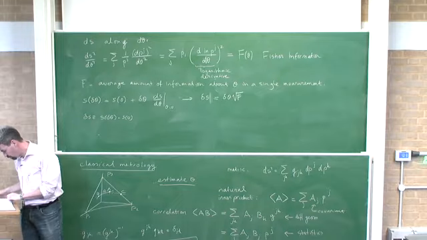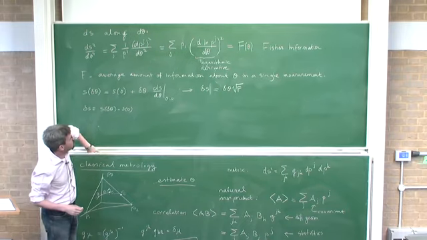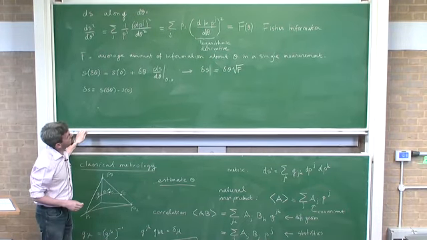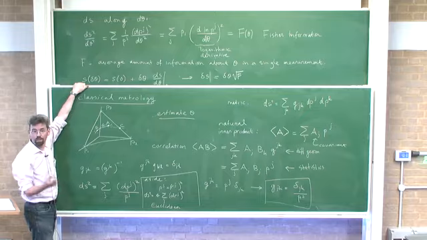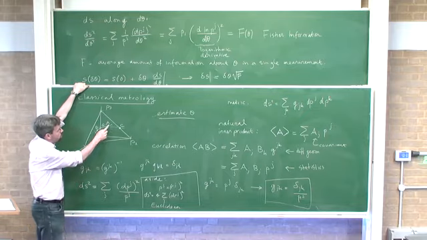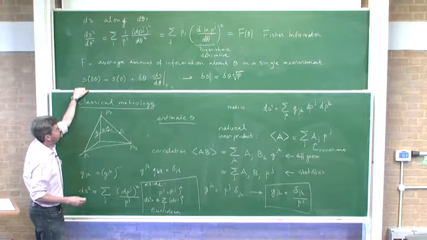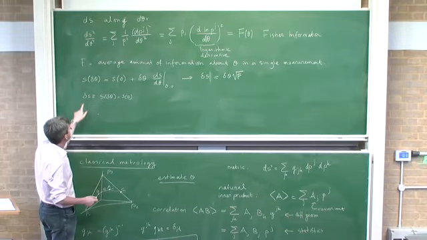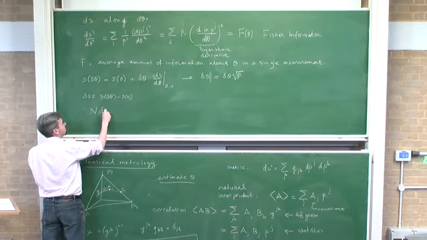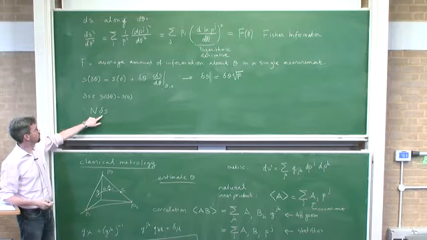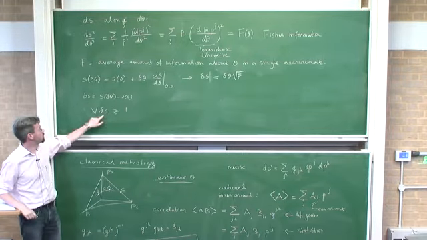Now I'm going to make a shortcut to the Cramér-Rao bound. What do I want to do? I'm coming back to this original question: how many times do I need to sample, do I need to interrogate the system, in order to tell the difference between A and B? Well, this is a dimensionless number, so n times this small distance should be greater than or equal to 1, because it's all dimensionless.